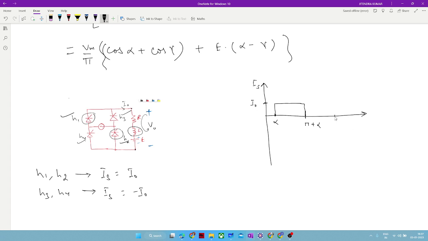From pi plus alpha to 2 pi plus alpha, your H3 and H4 will conduct and it will be minus I naught. Now we have the waveform. We know the standard Fourier series of this kind of waveform from 0 to pi and pi to 2 pi.